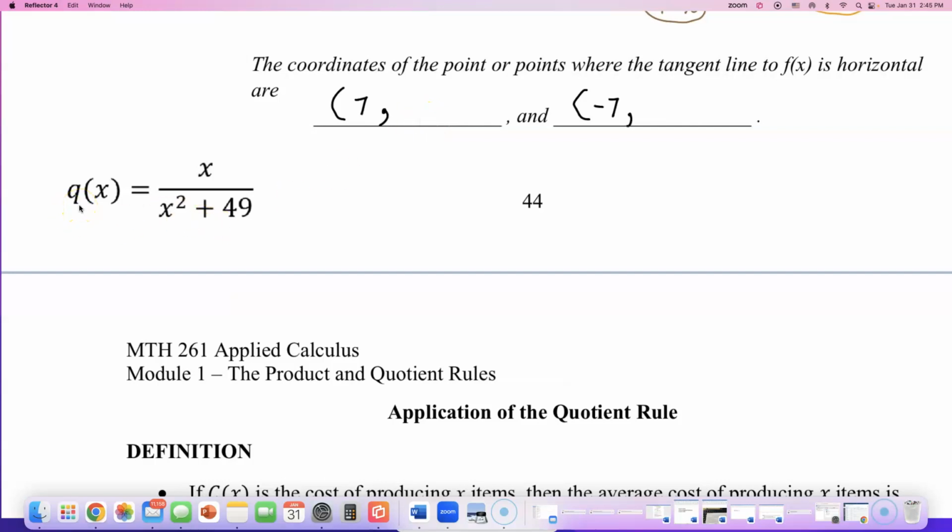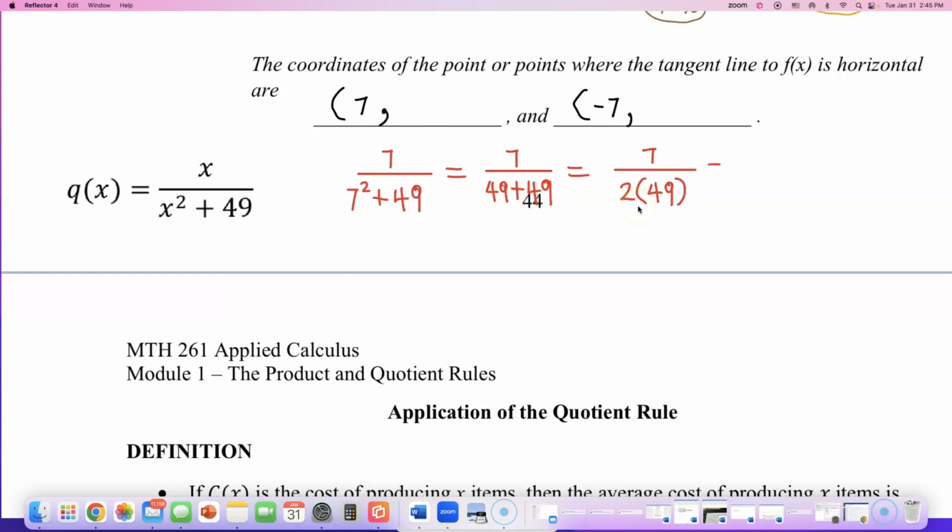So if I plug in 7 here, I'll get 7 over 7 squared plus 49. I want to do this without a calculator, so let me see if I can simplify this. So what's that going to be? That is 7 over 49 plus 49, isn't it? I can write this as 7 over 2 times 49, because if you add 49 and 49 together, that's the same as multiplying 49 by 2.